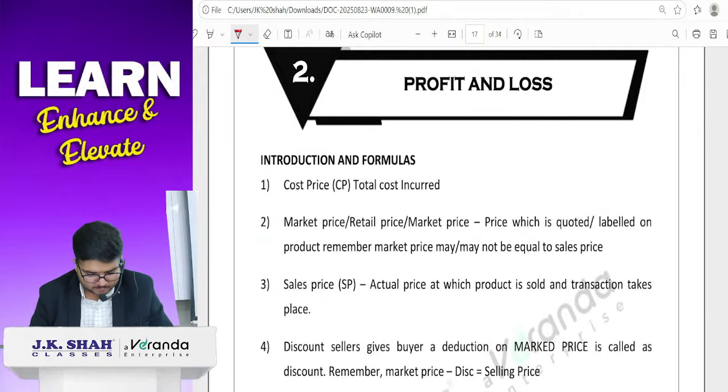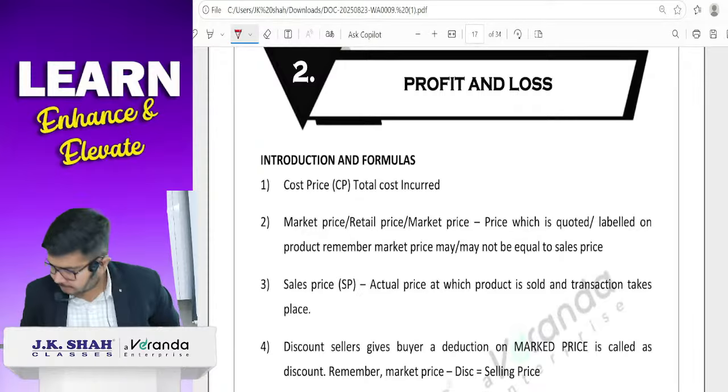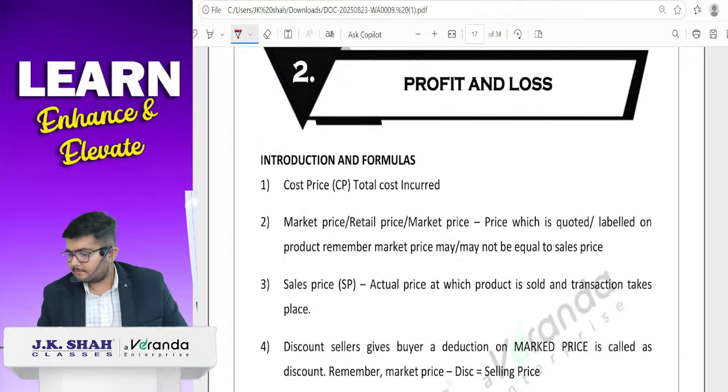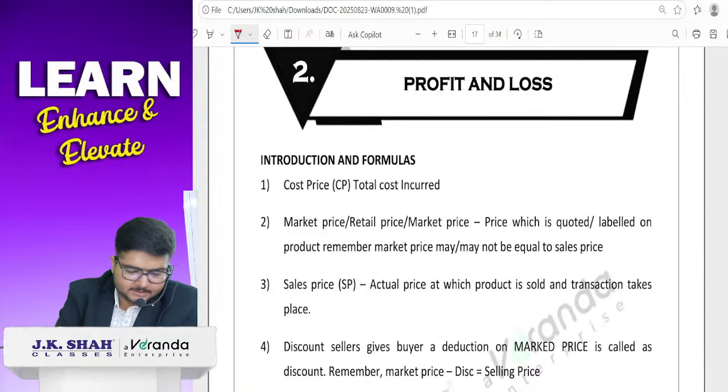Let us move forward to the next chapter, that is called profit and loss. Now, for profit and loss, you have to remember some concepts.